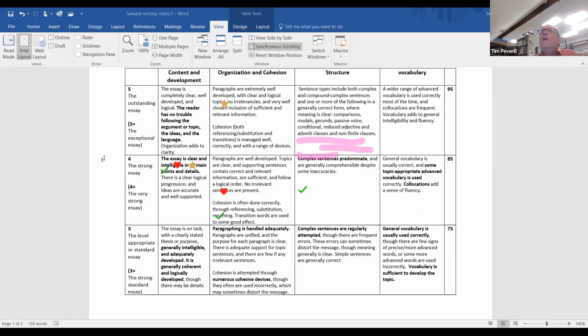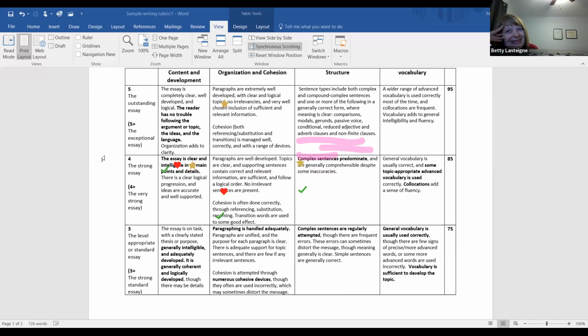Well, given that we've put in bold here, complex sentences predominate, that seems to be the chief. So sentence structure seems to be the main thing we're looking at. I would give it a 4+, again knowing that this is supposed to be an upper intermediate class. Okay, so even a bit higher. Betty, how about you?